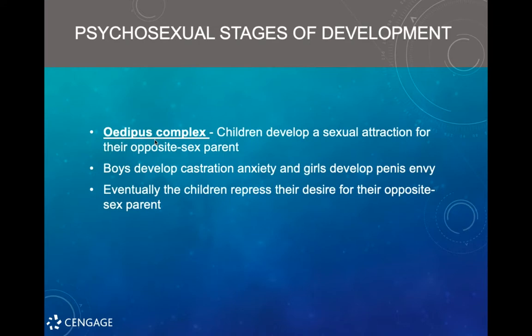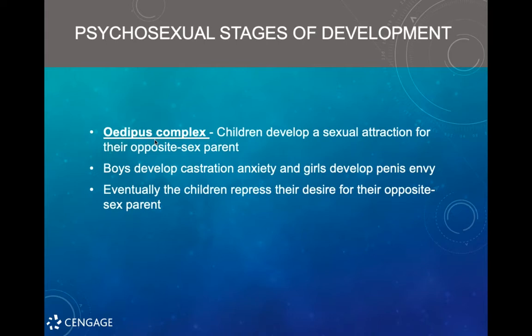Oedipus complex, we all know that. Boys develop attraction towards the mother, girls develop towards the father. And if they don't form a healthy attachment, there's a disruption there, and it could really impact the child's identity, sexual identity, gender identity, and all of those facets of life.